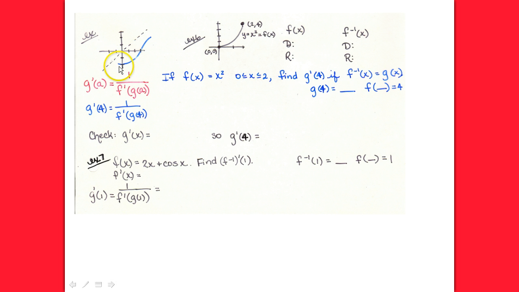I could come down here and say if this is 0, negative 2 on the original, what is it on the inverse? And I could do that as many times as I needed to give myself some guide points to then come over here and draw this. So if you needed some more points in here and some more points in here, give yourself as many as you need to help you sketch that. And it doesn't have to be perfect as long as I can see you know what you're talking about.